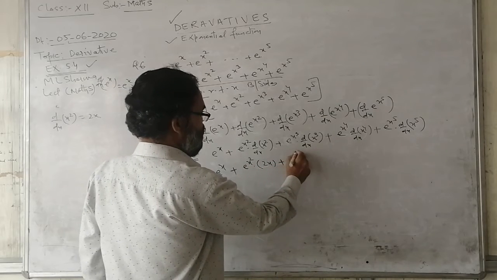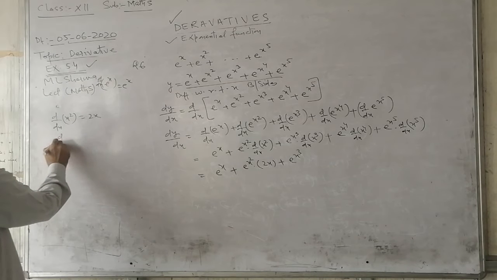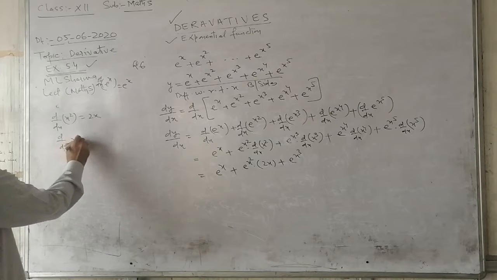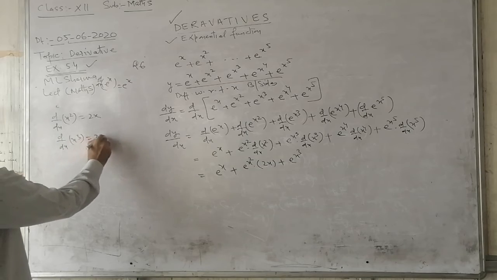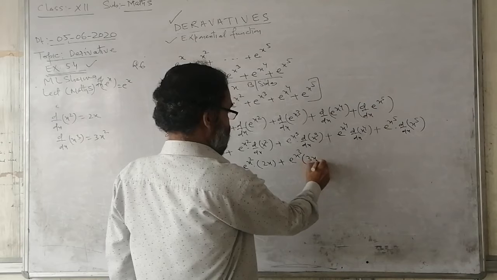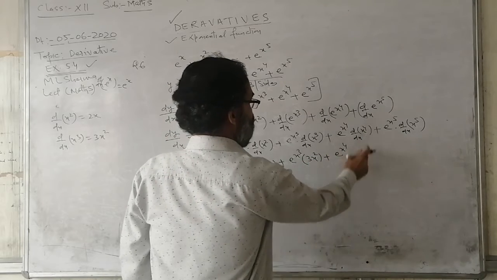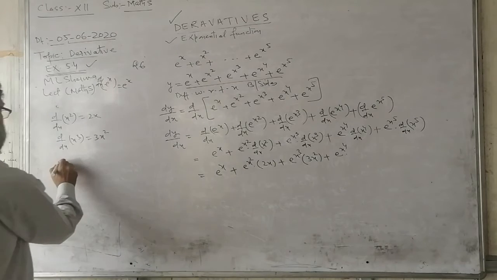Here e^(x³) and the derivative of x³ is 3x², so I can write here 3x².